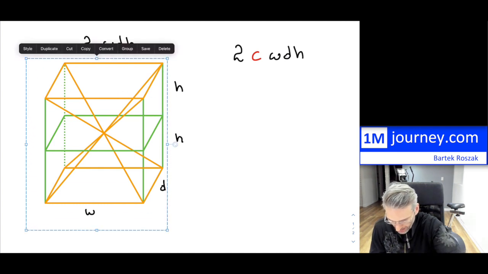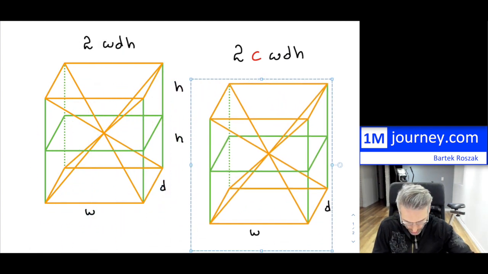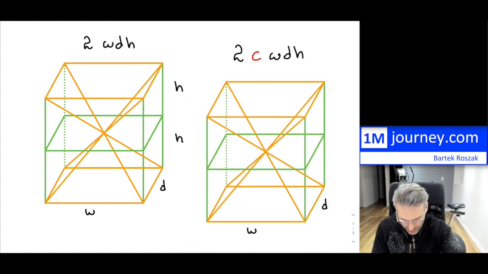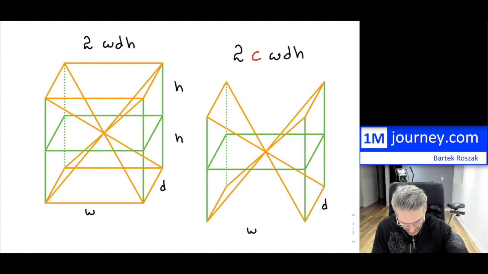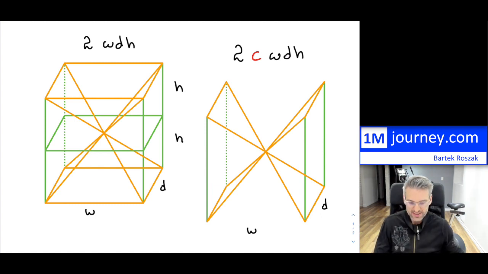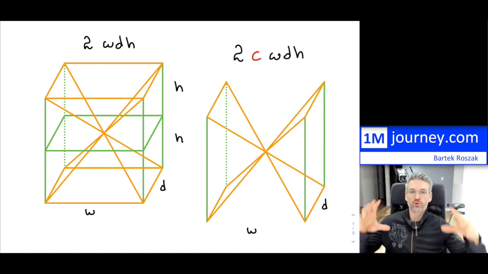I'm going to duplicate this because I just want to show you one by one. So you have these two pyramids. I'm going to get rid of this, and then get rid of this so that you can see this, and then get rid of this right here. As you can see now, I have two pyramids, right?